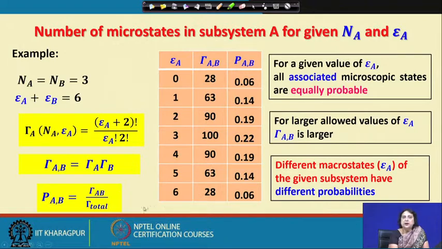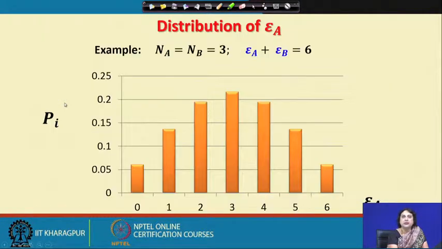So, this means that different macro states, characterized by the energy values epsilon A of the given subsystem A, have different probabilities. Please remember that these are the probabilities of observing the subsystem A with a total value of epsilon A for energy, given the condition that epsilon A plus epsilon B must always remain constant.